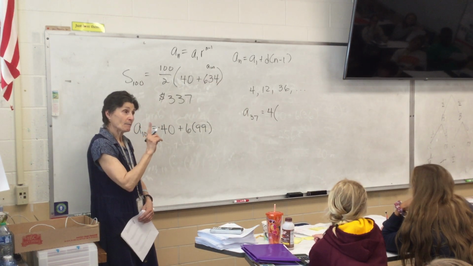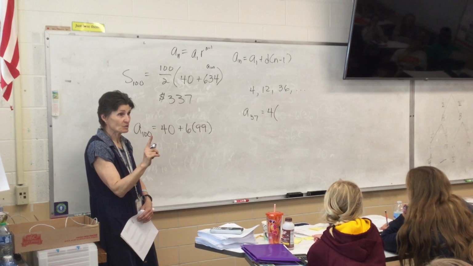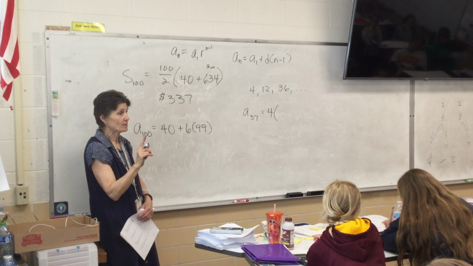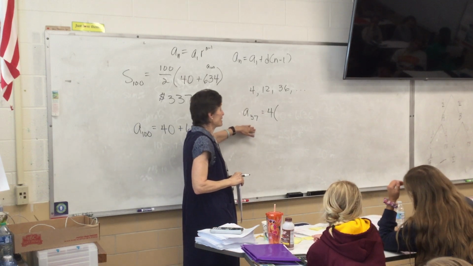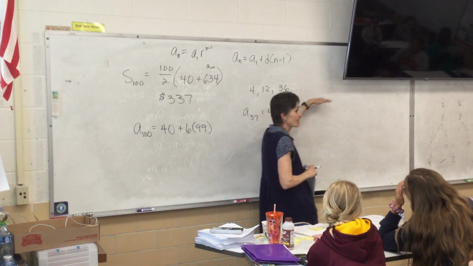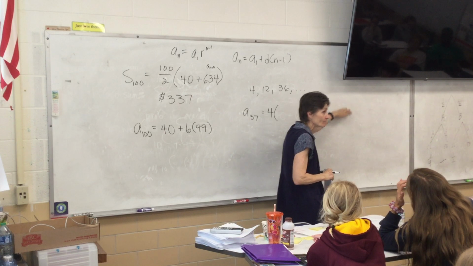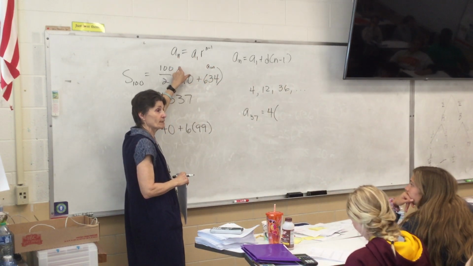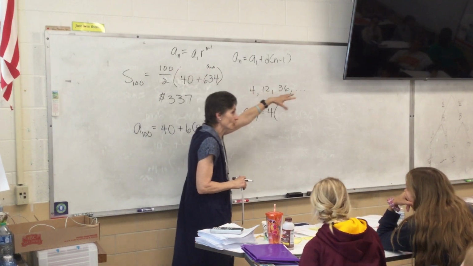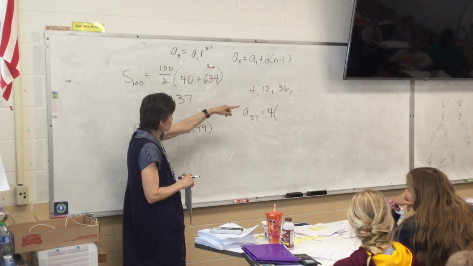Now, I'm gonna give you these formulas, but I'm not gonna tell you what's what. You're gonna have to figure out which one to use. So on the 37th day, I am simply looking for the 37th number in this string. Your A sub n term formulas give you the term. So this is geometric.